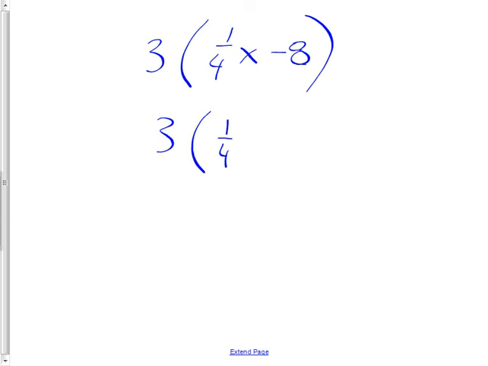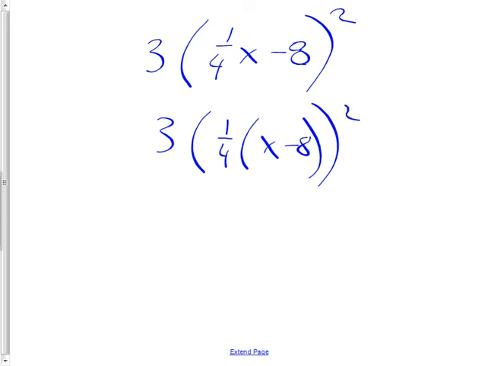If I say 3, and then I say 1/4 x minus 3, let's make that an 8, just so it's less confusing, because there's only one 3 in the problem then. And then I do this. Do you get that those are different problems?